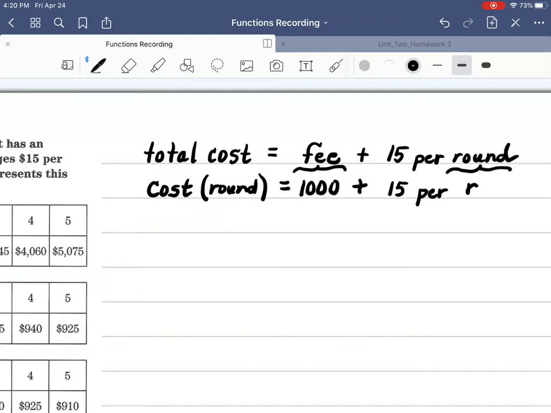If he plays 1,000 rounds, he's going to have a pretty steep tab to pay. So here's the function. Cost in terms of rounds is 1,000 plus $15 per round. So this 15 per round is written as 15R. So we have just written ourselves a very nice function.